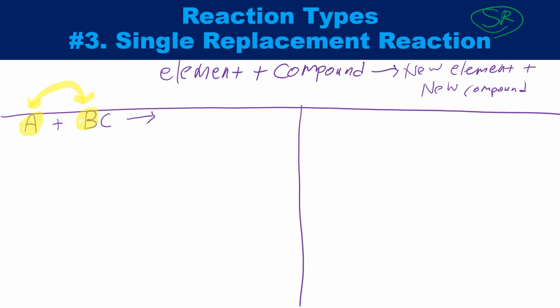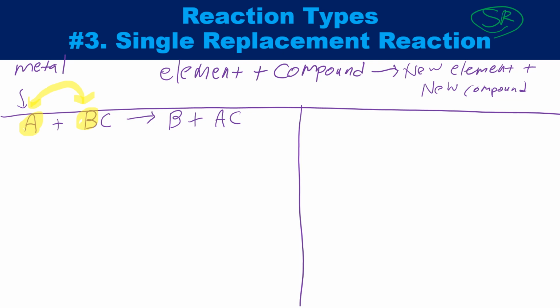Then what will be the product? B will come out by itself, and instead of A by itself, it's now going to be A and C together. That's one of the situations, and that happens if A is a metal.